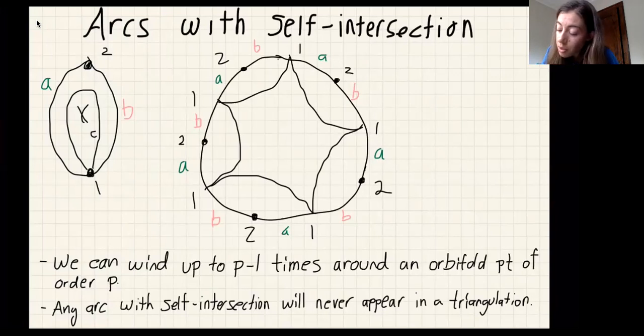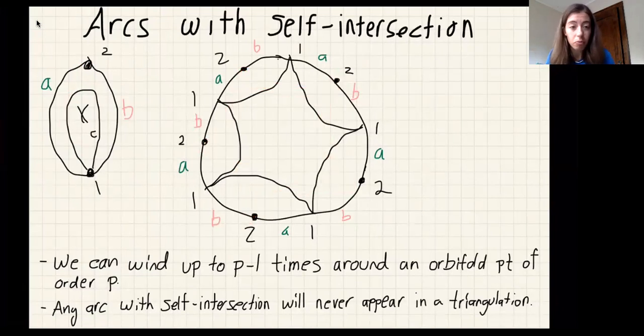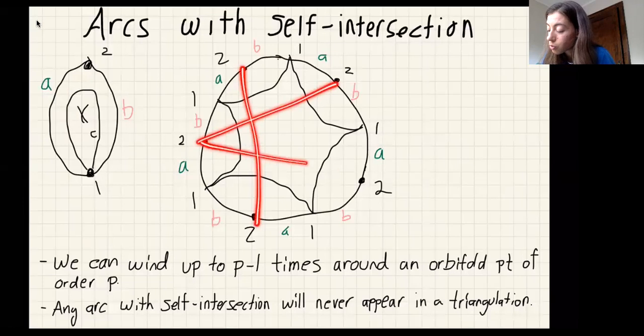Remember, the pending arc that starts at 2, for instance, would correspond to 5 copies of an arc here that don't cross each other. However, if I took an arc and wound around like that, that would correspond to this whole collection of arcs.